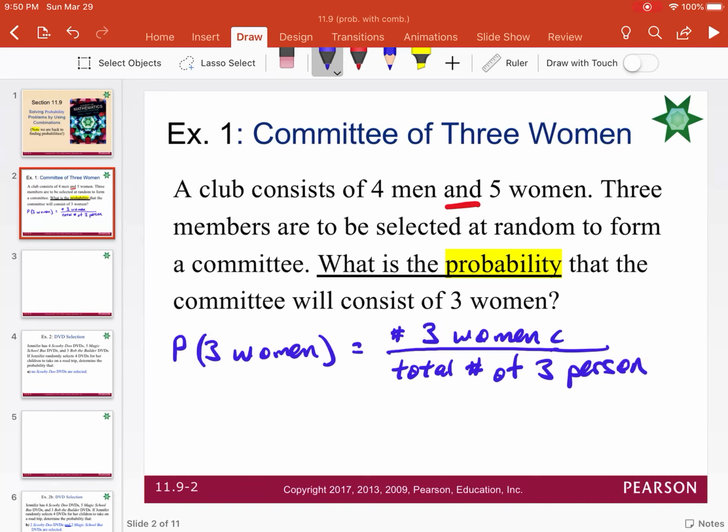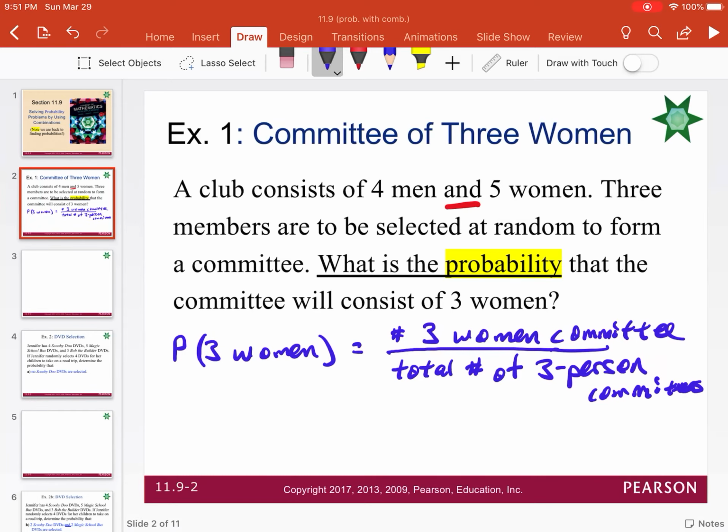So we want 3 women committees versus a total number of 3 person committees. Okay, so the top is only women, and the bottom is men and women. Okay? So I would say let's do the bottom first, because the bottom is always very general. In a probability, it's all the possibilities, right?